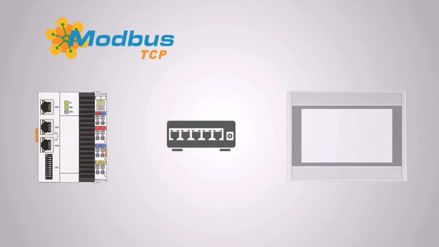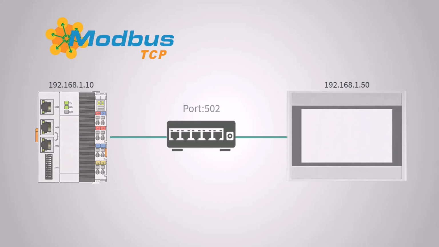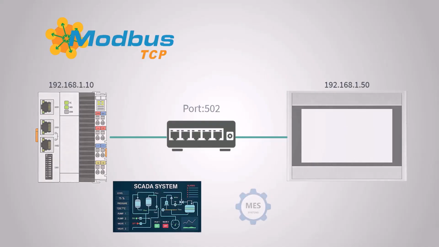For example, HMI at 192.168.1.50 and PLC at 192.168.1.10, and configure the correct port, usually 502 for Modbus TCP. Ethernet offers greater scalability, higher data throughput, and easier integration with SCADA or MES systems. Cable length per segment is typically limited to 100 meters.